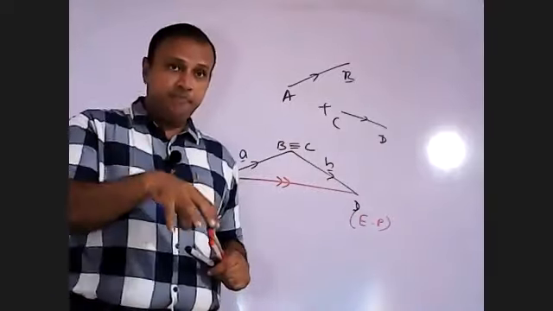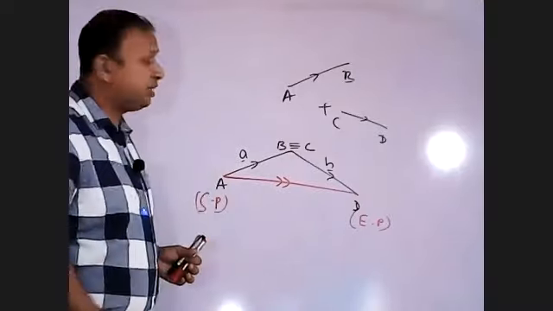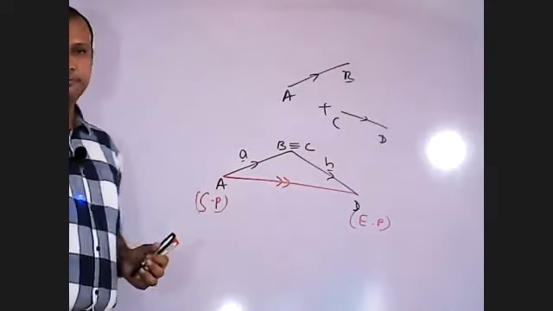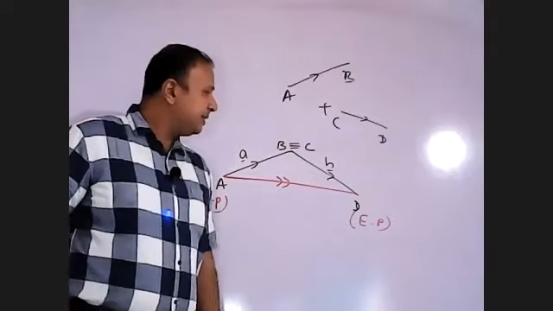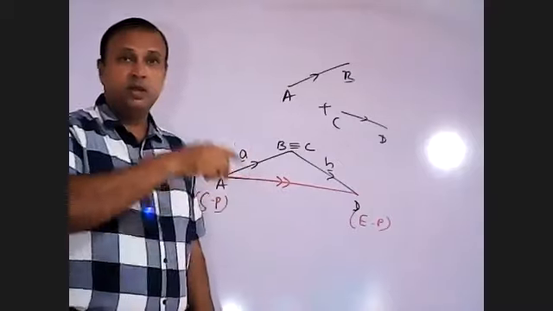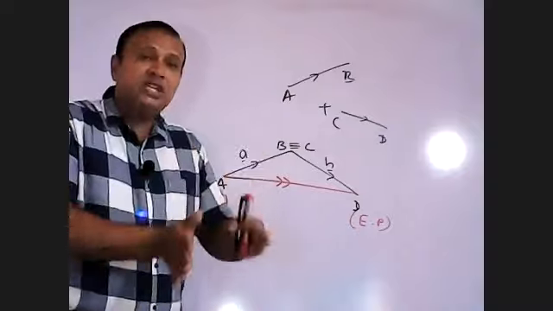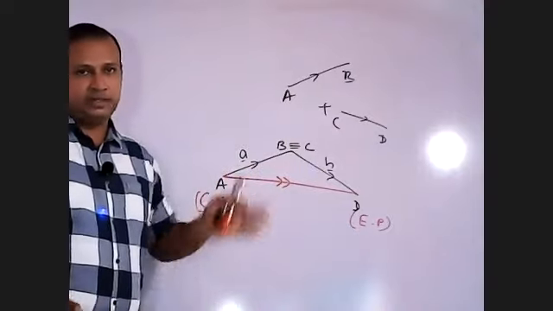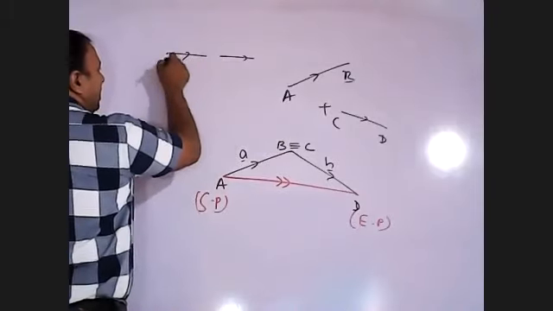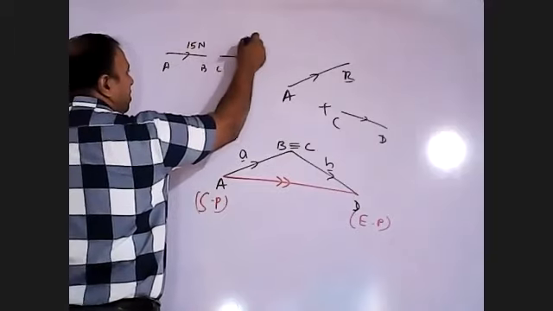After this principle, we have discussed one application, that is addition of vectors in same direction. In that case, if I add two vectors in same direction, what is the magnitude? The magnitude is equal to the addition of the two magnitudes of the two vectors. Suppose we are given two vectors in same direction. One is 15 Newton, the other one is 5 Newton.